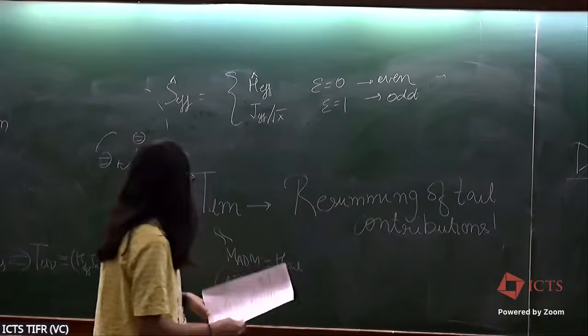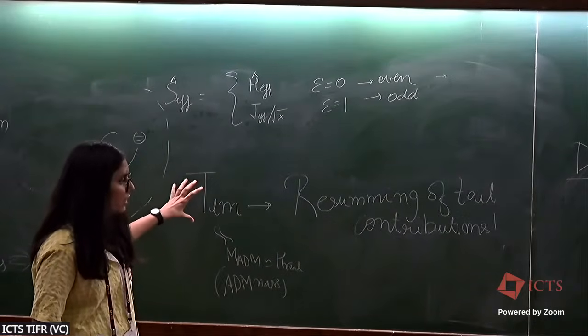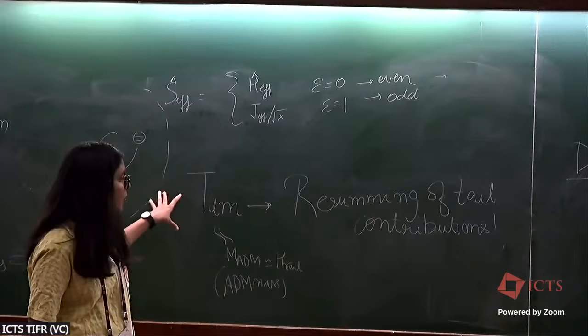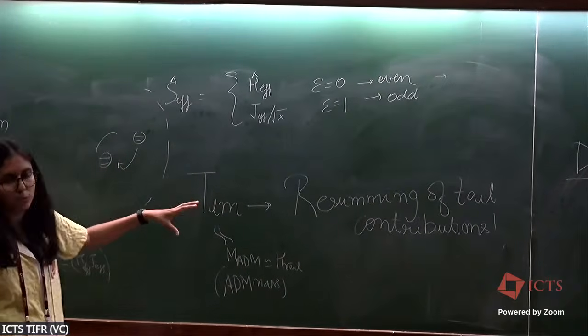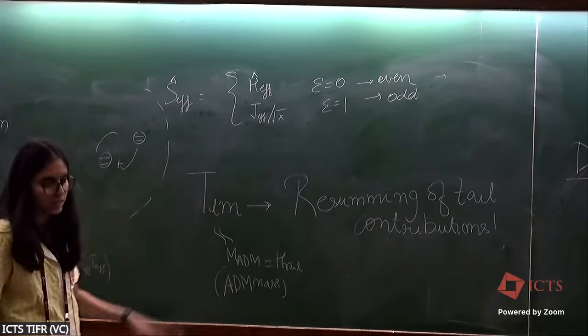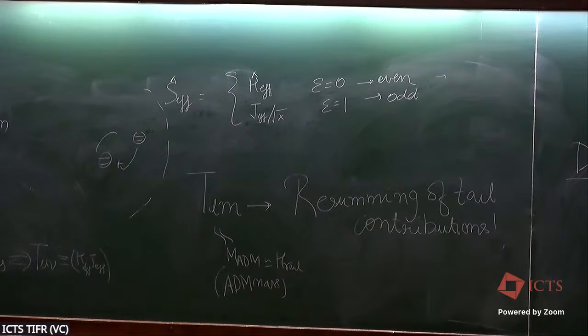And this T_lm is actually a universal factor. If the wave is propagating in any curved spacetime, there would be a tail contribution. So it's a universal factor, whereas this S hat effective is dependent on the source that one is considering.